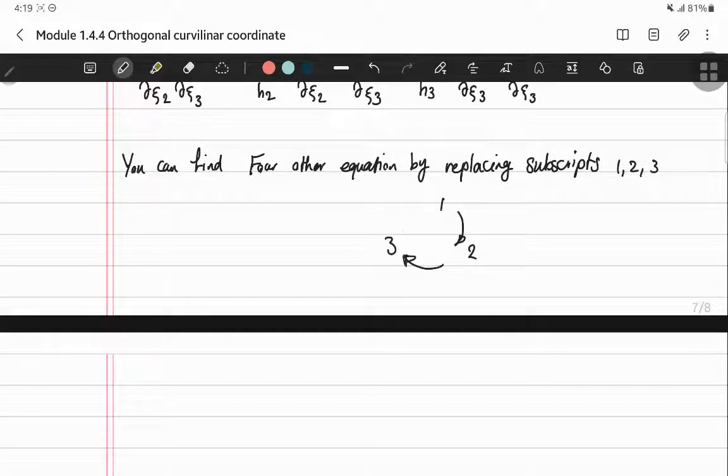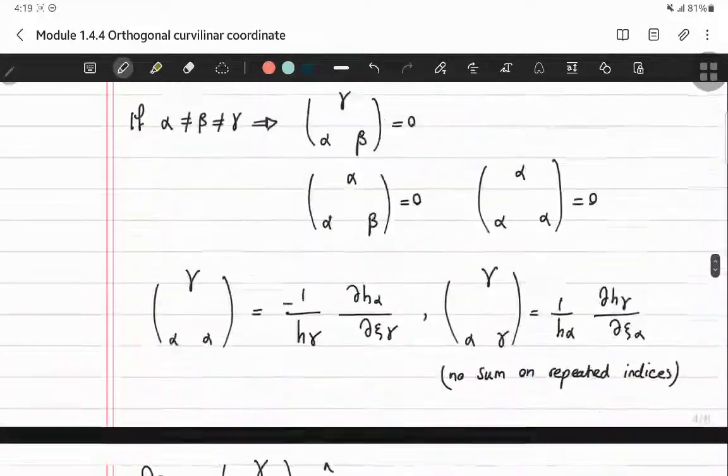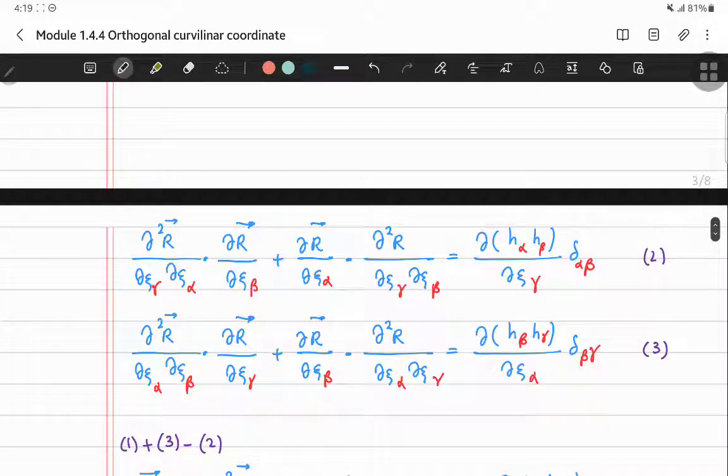So you actually swap them together, like this is the strategy that I already used here. So you can use this strategy to find those four terms.